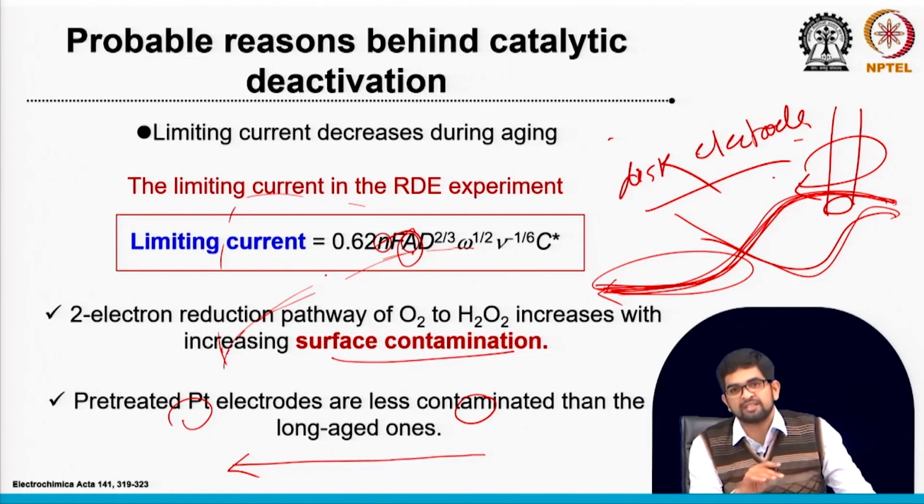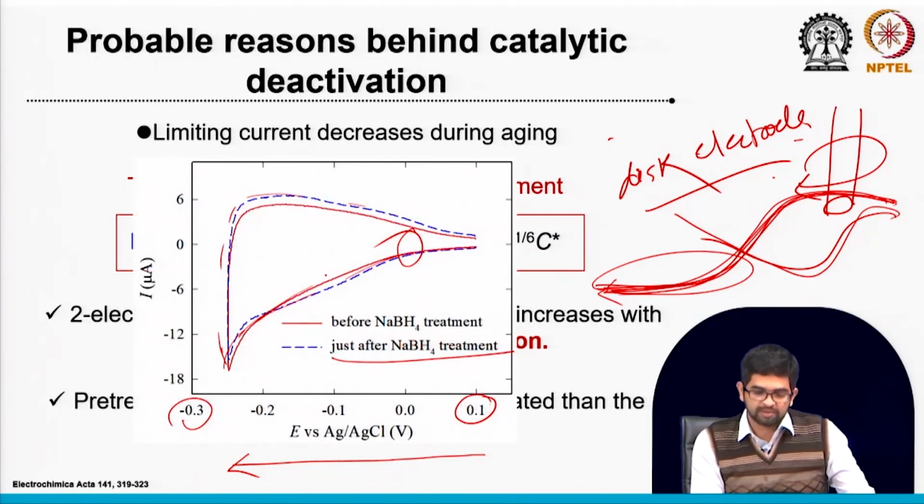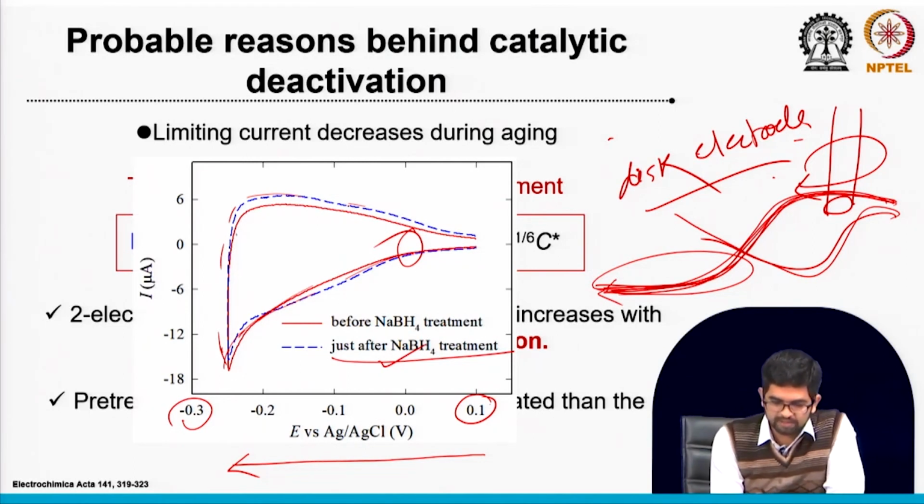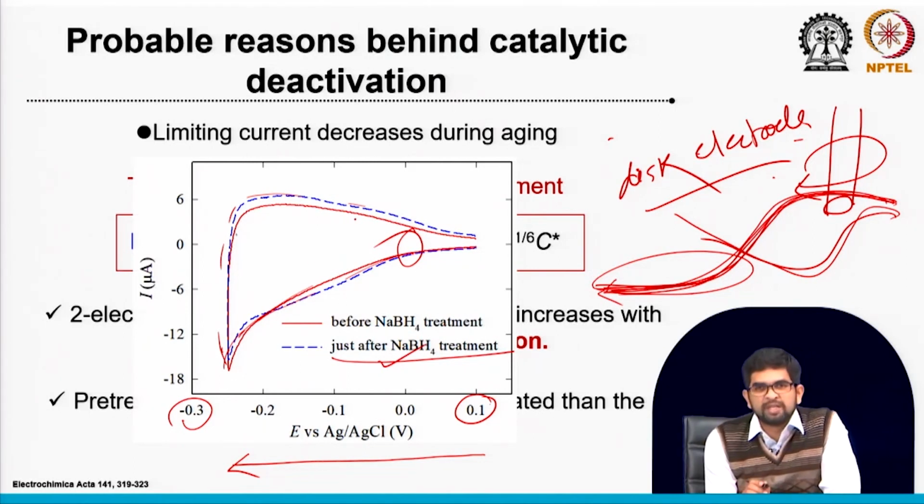So from these equations we can measure the active surface area of your catalyst or of your transducer surface. As you see from this curve, before treatment and after treatment, the surface is almost similar, not that much change. Then what is the conclusion from here?